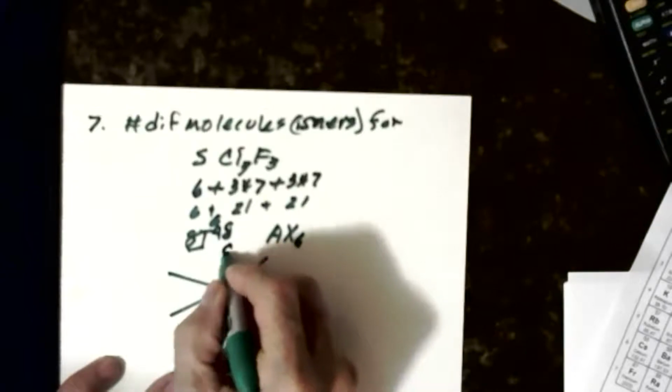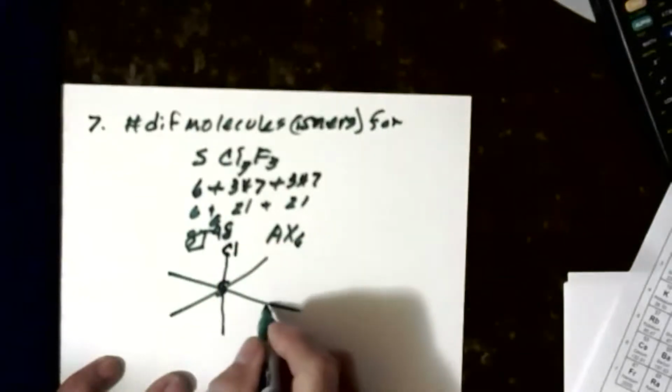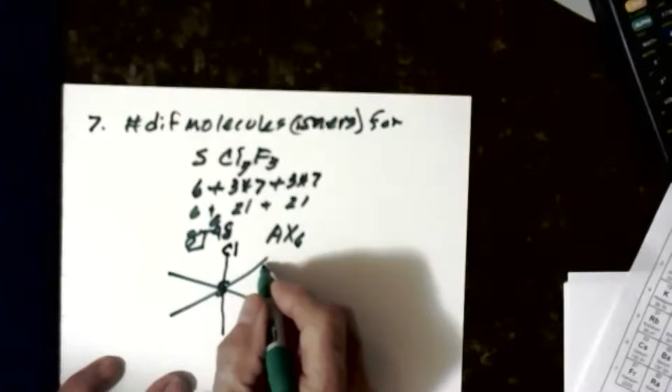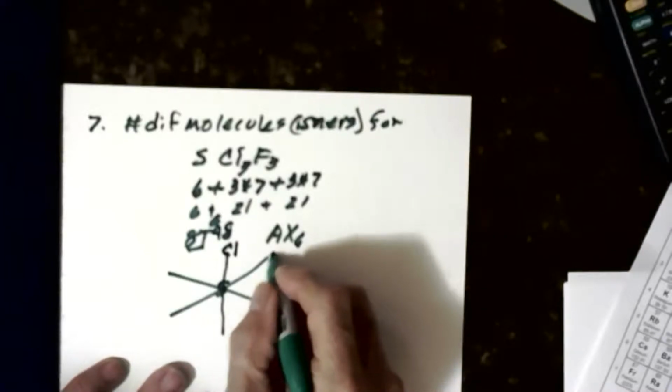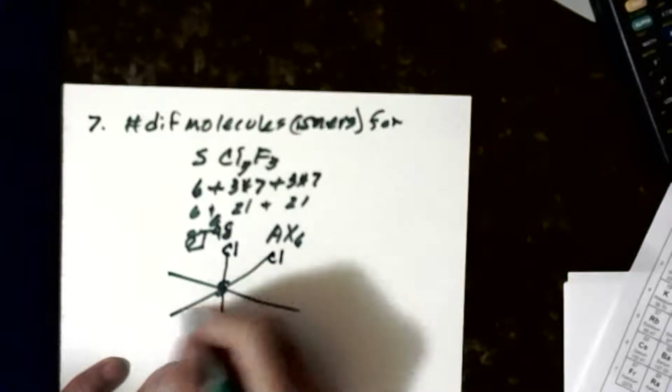Now, let's not try to put all of these things on here at once. Let's just maybe pick the chlorine. And let's say, how many different ways could I put 3 chlorines on this structure? Okay, I could put one here and one here or here. That would be the same. So I could put one here, either one of these positions.